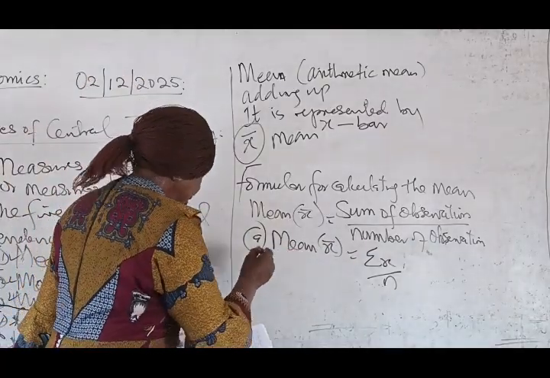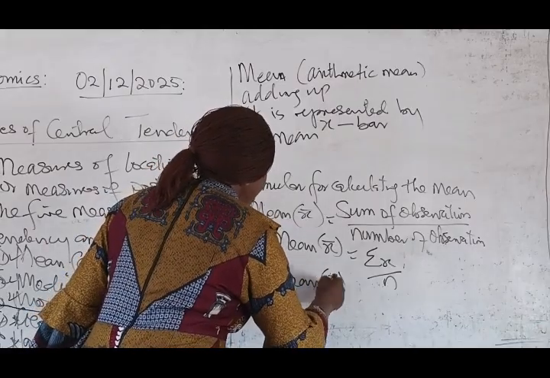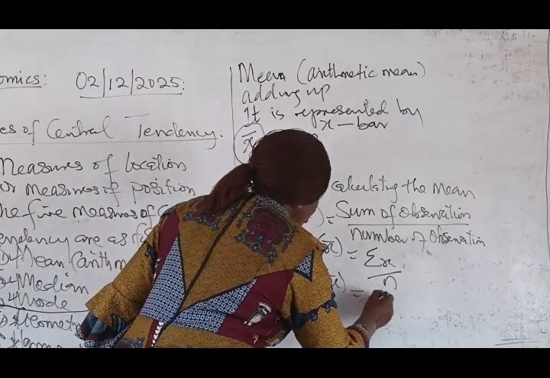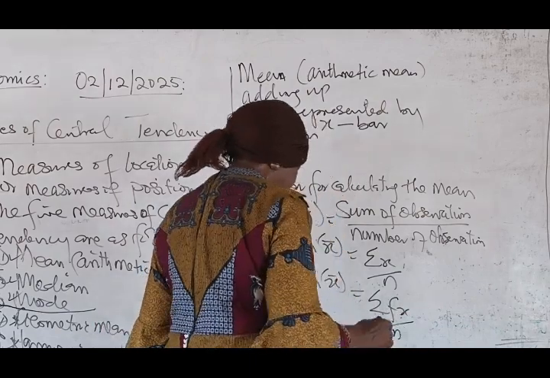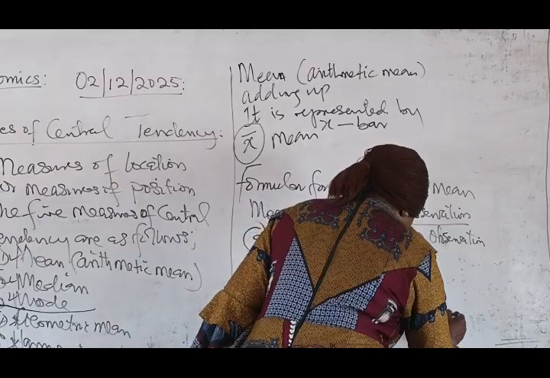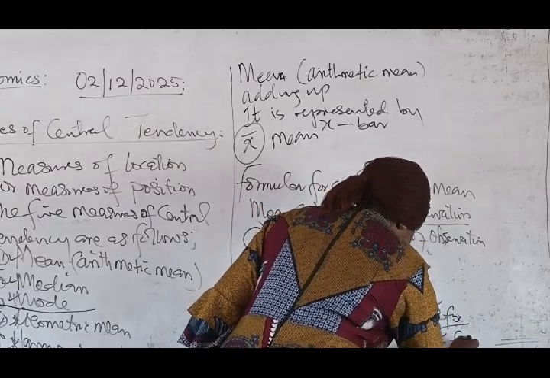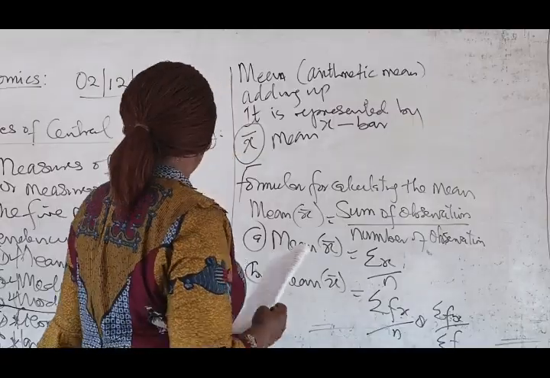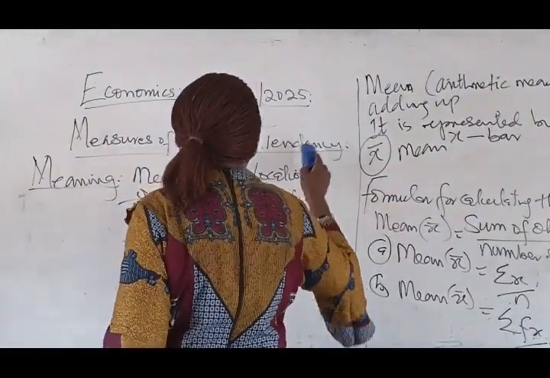The second one is mean, or X bar, equals summation f of x over n, or summation f of x all over summation f. Now, let me explain the meaning of what I have there.